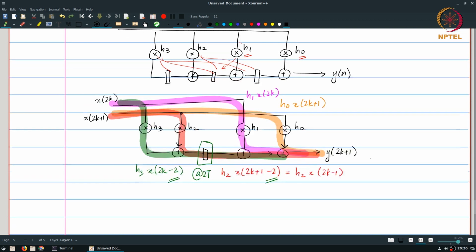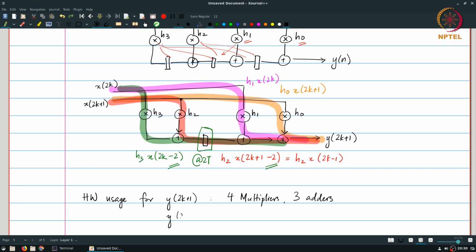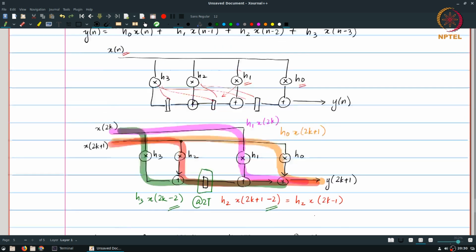Now, what's the hardware resource usage that we have over here? For y of 2k plus 1, I needed 4 multipliers and 3 adders. Similarly, for y of 2k, I will also need another 4 multipliers and 3 adders. What was my original usage?